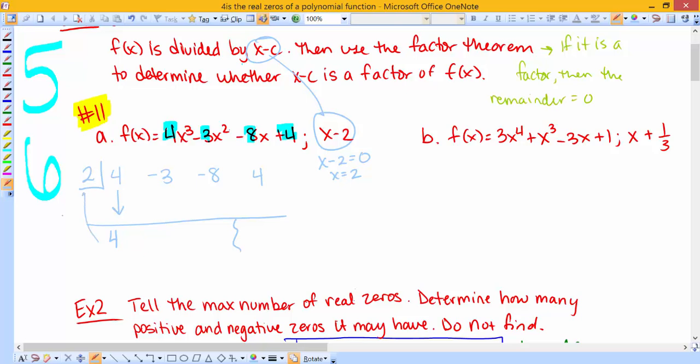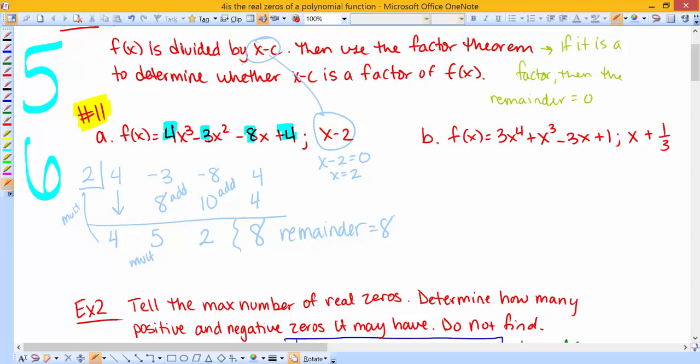I multiply 4 times 2, and that gives me 8. Now I add. Negative 3 plus 8 is 5. Then I multiply again. 5 times 2 is 10. Then I add again. When I add, I get positive 2. Now I multiply again. And I get 4, and my remainder is 8. So I have a remainder of 8.